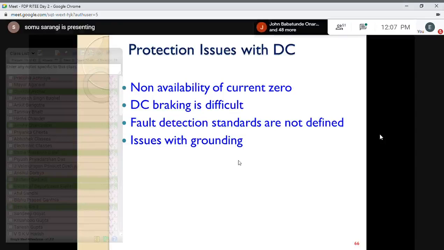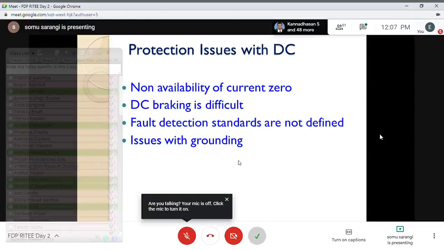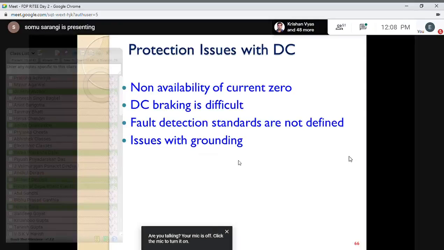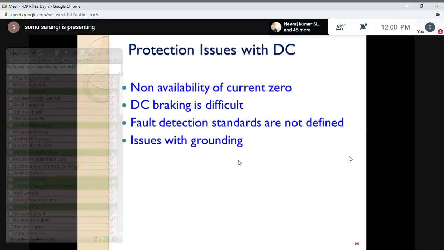But it also has some protection issues. What will those be? We may have non-availability of a current zero. In our AC system, the benefit is that whenever we try to break the current, we break it at a current zero. If we break it at a current zero, then our system will be safe, and we can break it very easily.